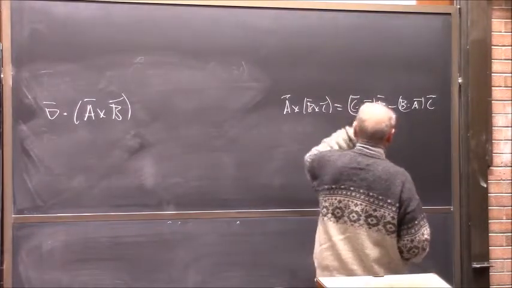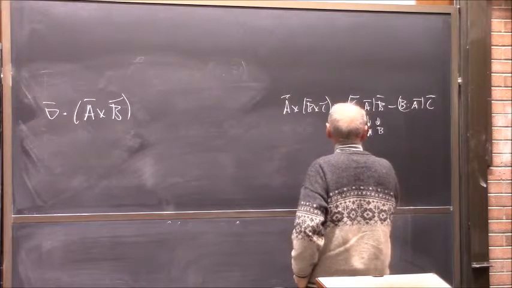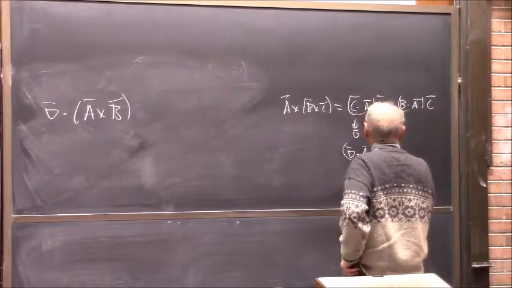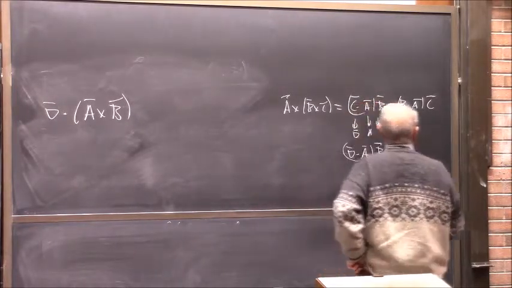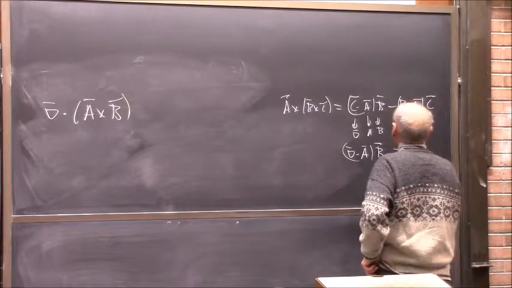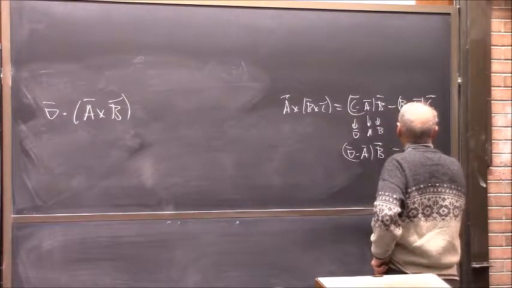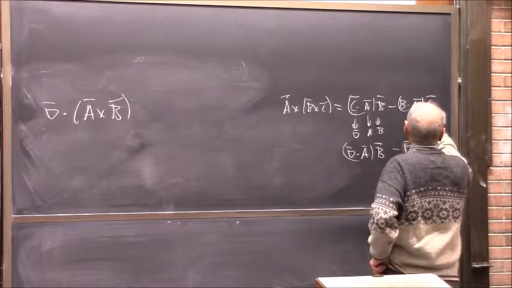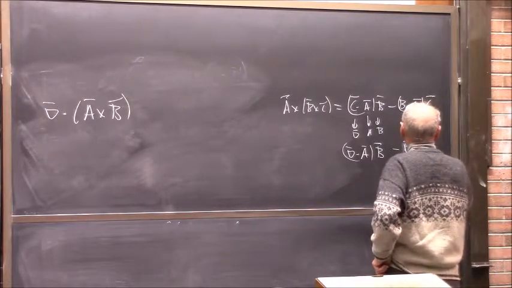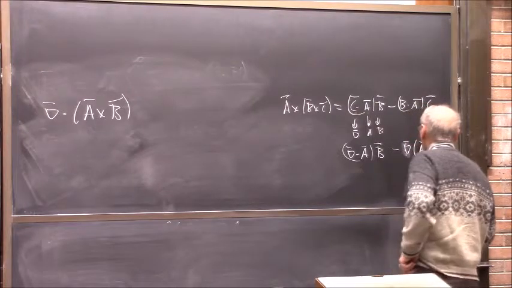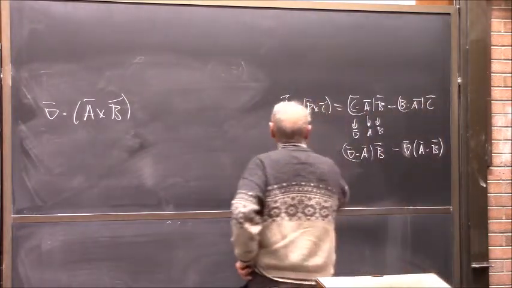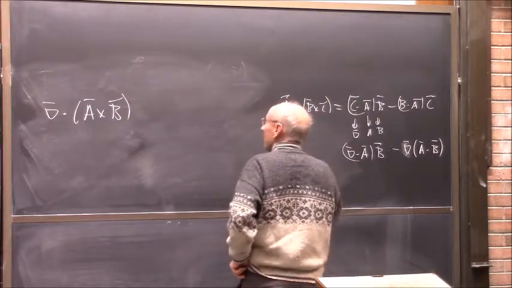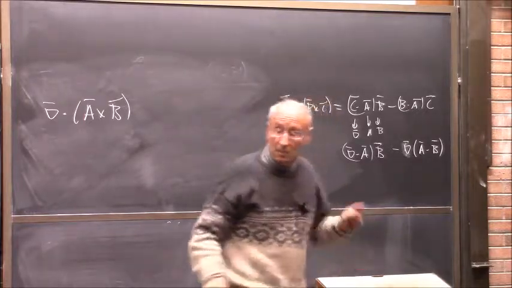So let's first operate on A. So this would become divergence of A times B. This one would be B, del operating on A dot B. And this would be A cross, well, this is fine, but that's not the best way to do it.